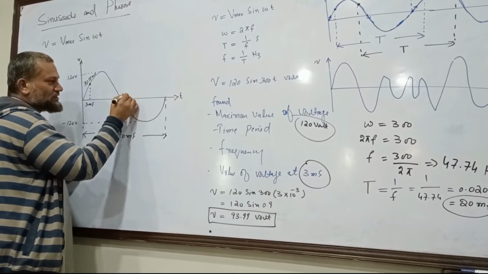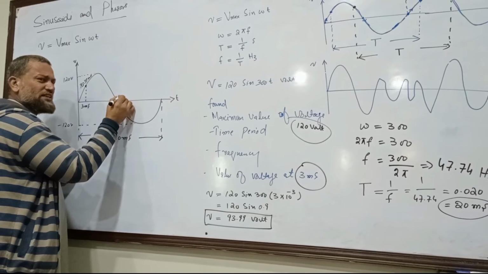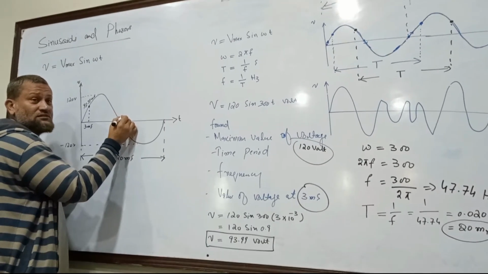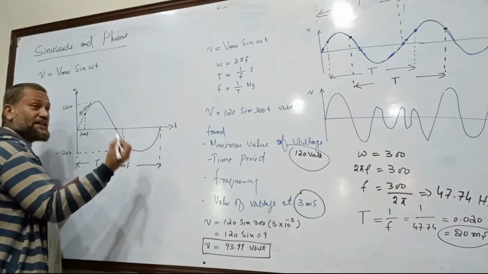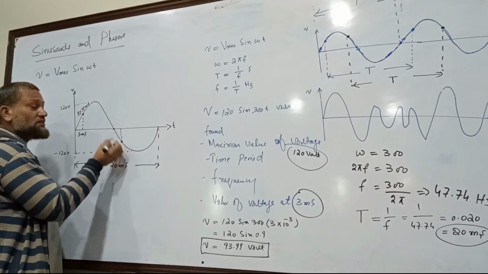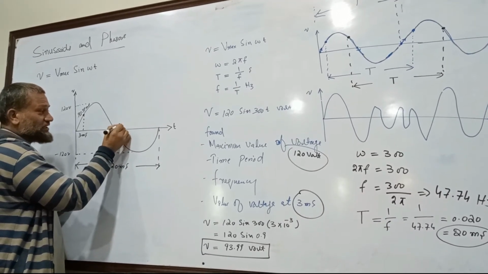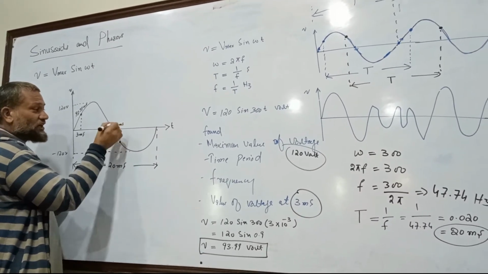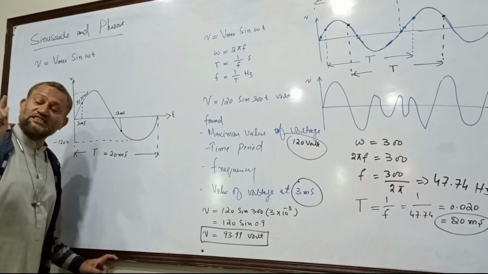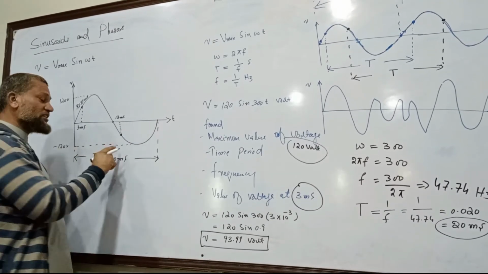So for example, how much should I take? More than 10 and less than 20. How much of a value should I take for this? 13 for example, 13 millisecond. So calculate the value for 13 millisecond. That will be your instantaneous value for this voltage.